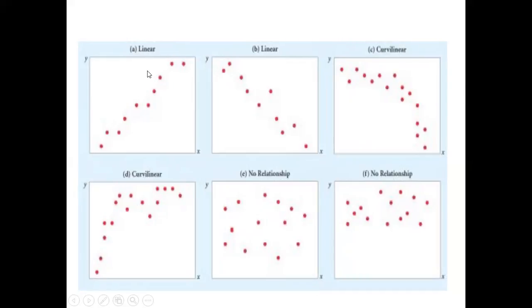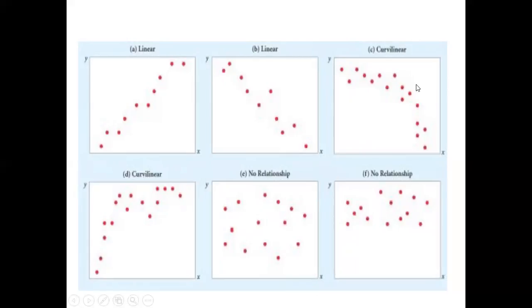This means the value of y increases proportionally with x. Here chart B, or figure B, also shows a strong linear relationship, a straight line, between the variables x and y. Here it is an inverse relation.